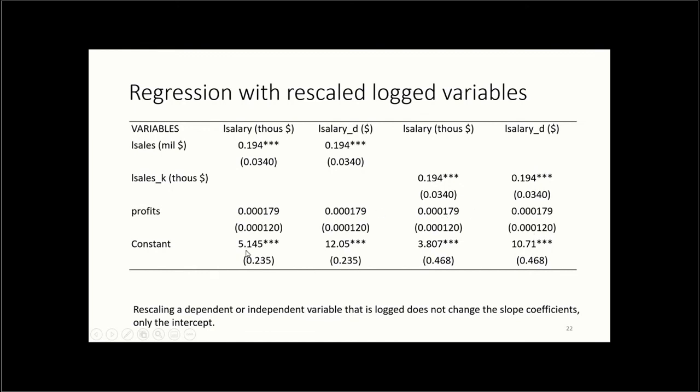What changes is basically the constant, and this is because of the properties of the logarithm. But again, we don't really care about the intercept as much. So the conclusion here is that rescaling a dependent or independent variable that is logged would not change the slope coefficients, only the intercept. So if the regression output does not have very good coefficients for the log variables, there's not much that can be done to change that.